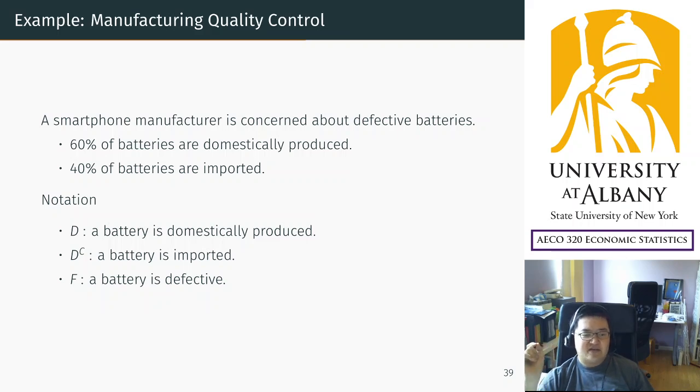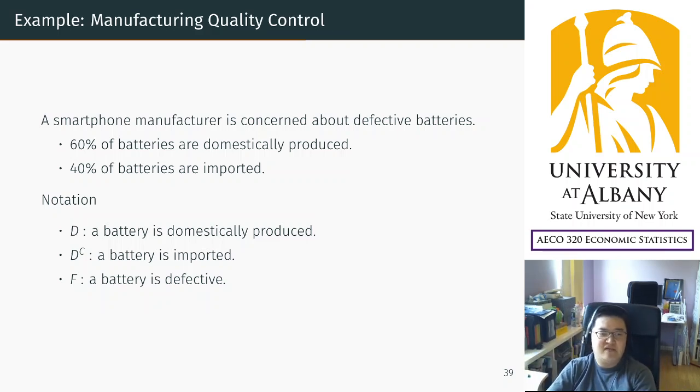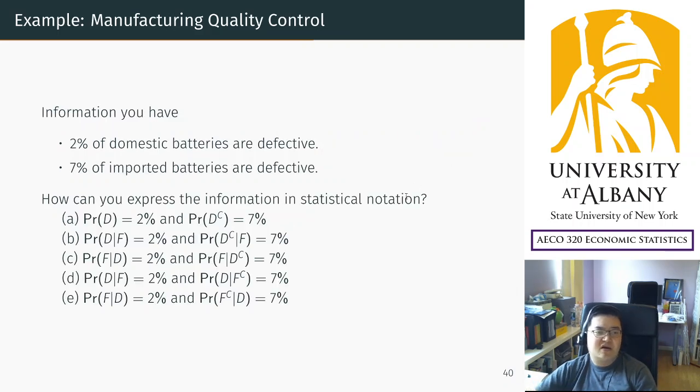And defectiveness is denoted by F instead of D. So say a battery fails, so I will call this just fail. Then you also know that 2% of domestic batteries are defective, and 7% of imported batteries are defective. So the defect rate is different between domestic ones and imported ones.